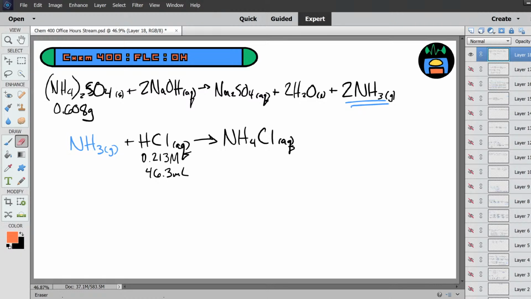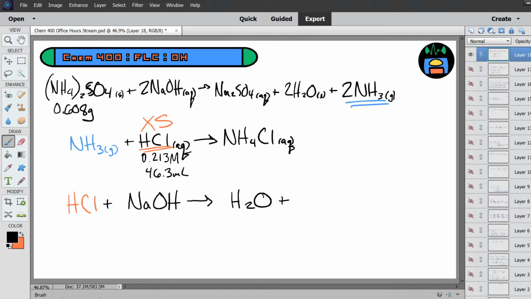All right, so get this. Then, in the second reaction, this HCl is in excess, and that HCl is taken and reacted with sodium hydroxide to produce water and salt.